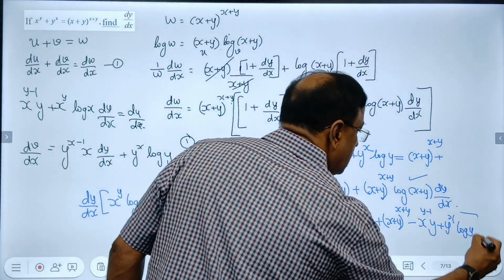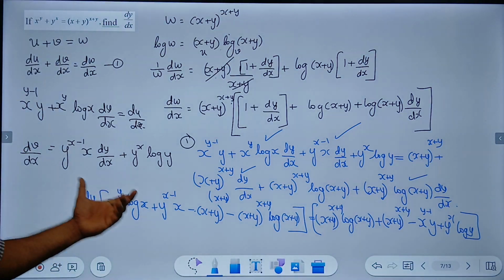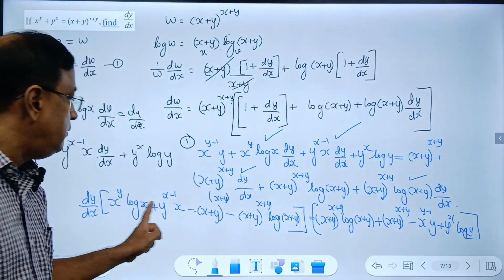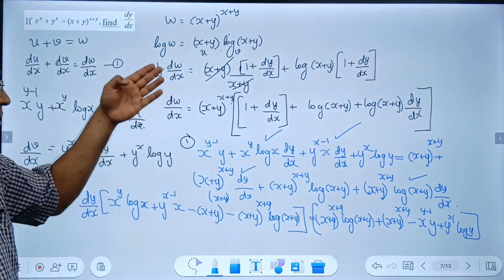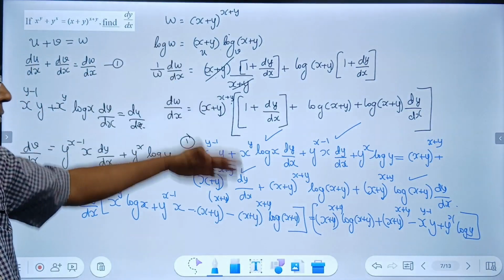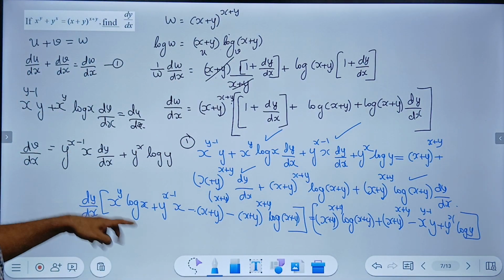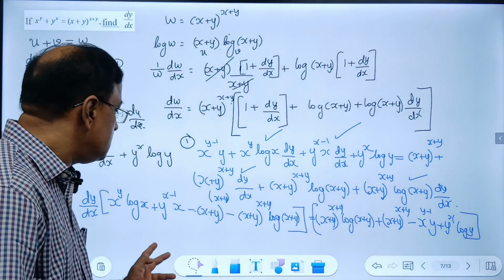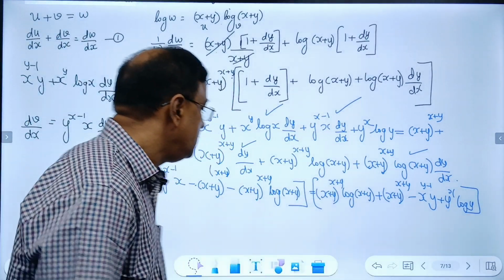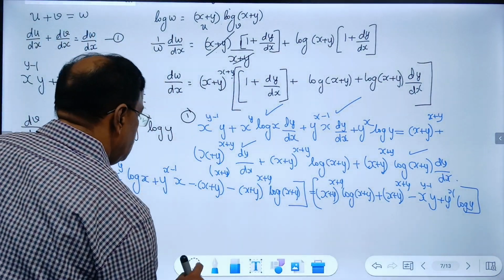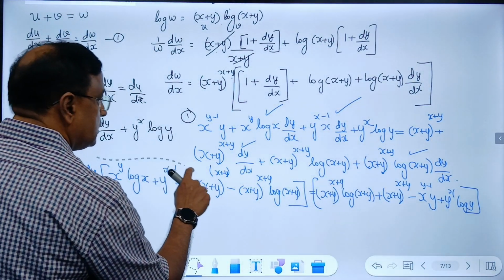Okay, now I want to find dy by dx. What you'll do, this term divided by this. I think that you can write, because otherwise I have to write again. There's no place also. So dy by dx, or I can just show you, just lift it up. I have a shortcut.